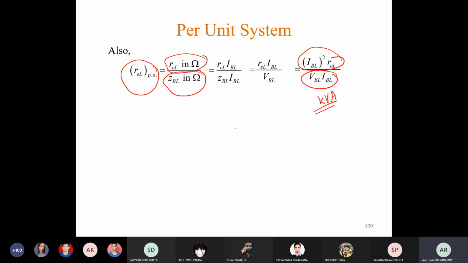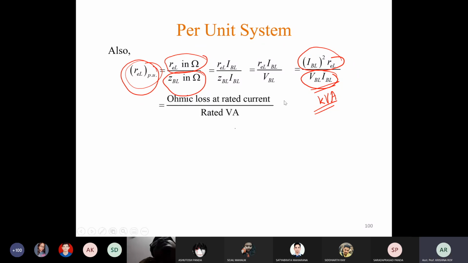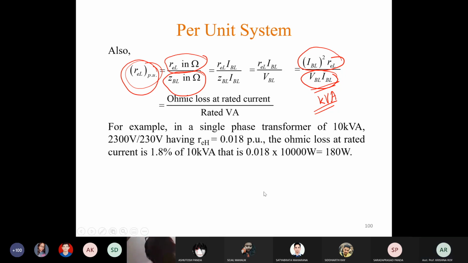So if the per unit winding resistance referred to any side is given, then we can directly calculate this copper loss using the KVA rating given in the nameplate. This is another advantage of this per unit system. So ohmic loss at rated current can be calculated using this formula, right?